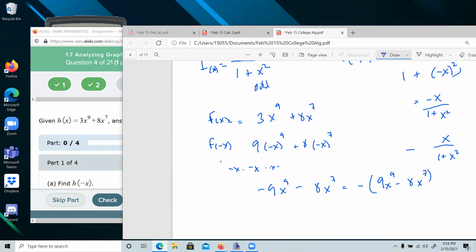So this is f of negative x here. All right. So f of negative x is equal to negative 9x to the 9th plus 8x to the 7th, which is equal to negative of the original function, right?